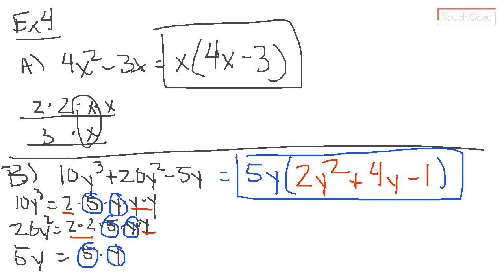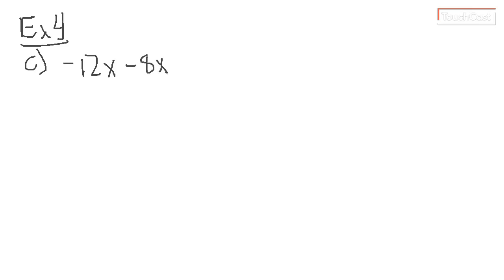I've got 2 more to look at for example 4 here. So this is still example 4, but this is now part C. What if we want to factor negative 12x minus 8x squared? So again, let's write out the factors we have. 12x, we can write that as 2 times 2 times 3 times x.